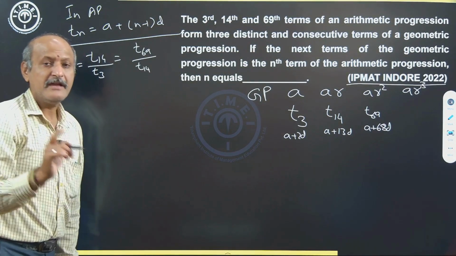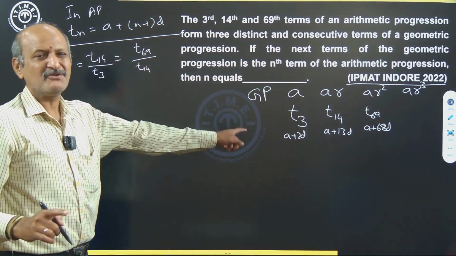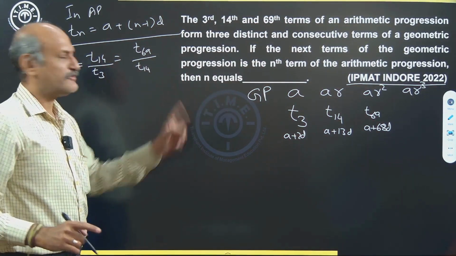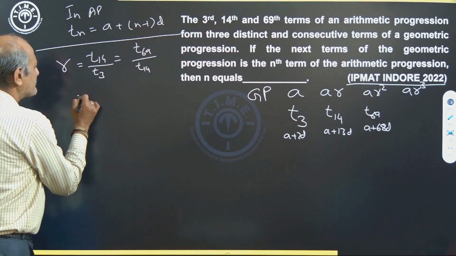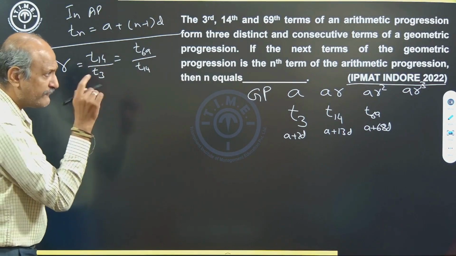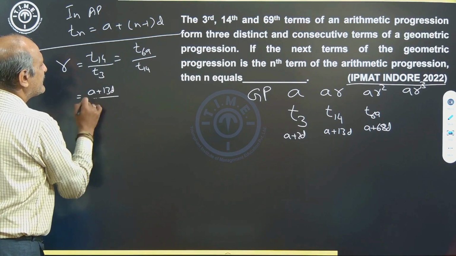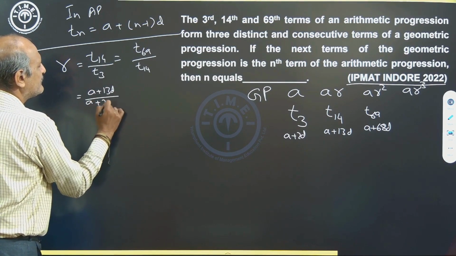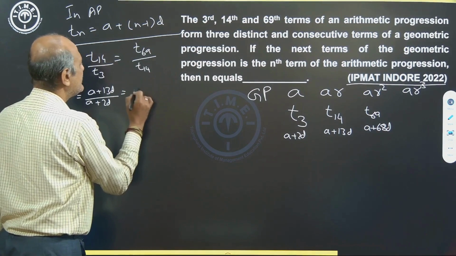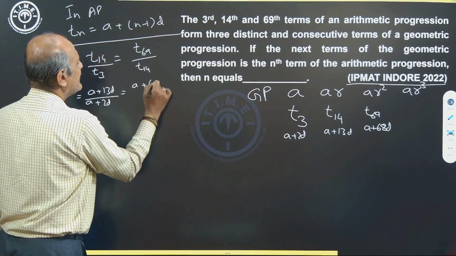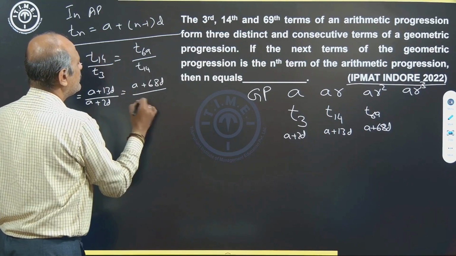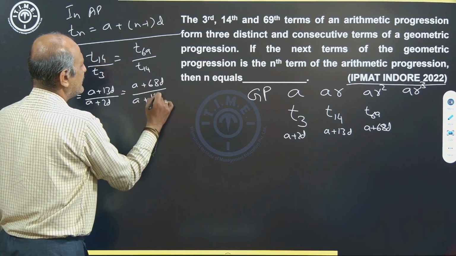That common ratio is the ratio of two consecutive terms. So let me substitute these and see what we get. T14 is A plus 13D, T3 is A plus 2D. This is equal to T69, which is A plus 68D, divided by T14, which is A plus 13D.